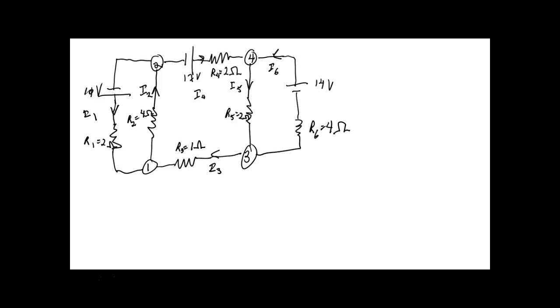Up there we have I1, I2, and I4. Over here we have I4, I5, and I6. Down here we have I3, I5, and I6. So you see, in this case, we don't eliminate one because the other one is pretty simple. The 2 nodes are not exactly reverse of each other here. So in this case, I would do 4 equations with our currents.